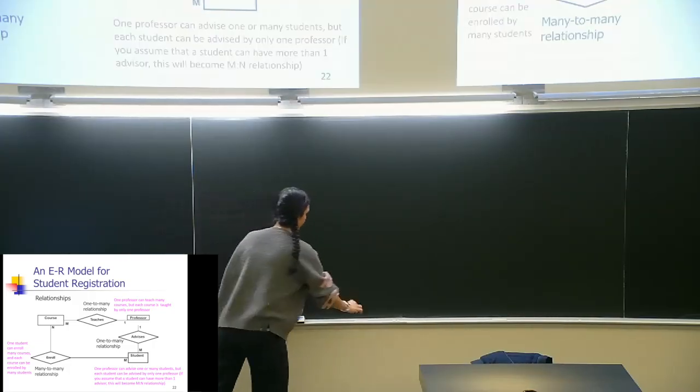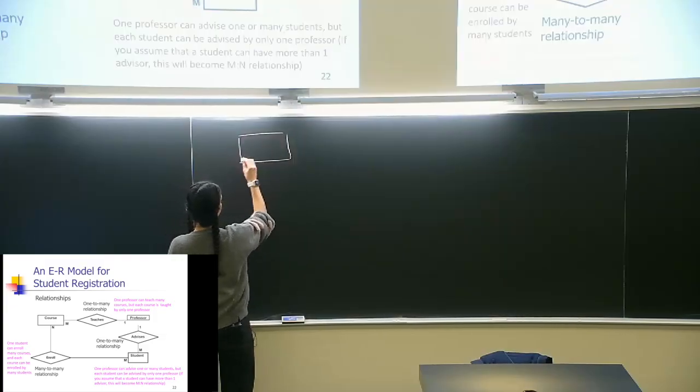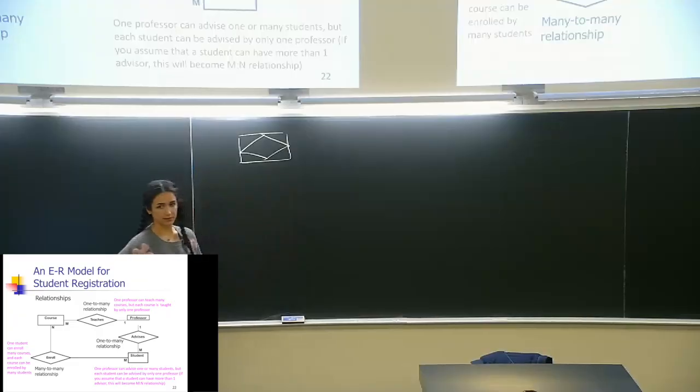So this is how you show that. So this is an entity, and this is associative or composite entity. And please do not confuse composite entity with composite attribute. Okay, they are two different things.